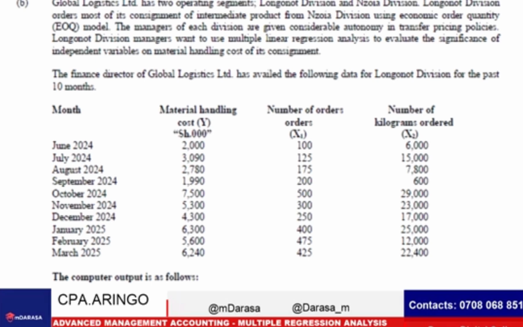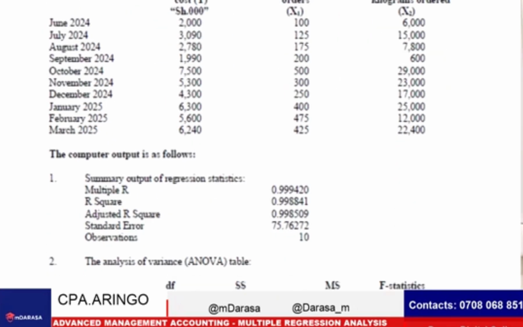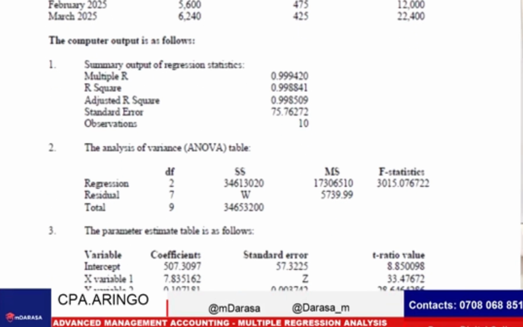Already you can see that we have two independent variables, number of orders and number of kgs. We're told that the computer output is as follows. We're given the summary output of regression statistics: the multiple R, the coefficient of determination R square, adjusted R square, standard error, and observations.